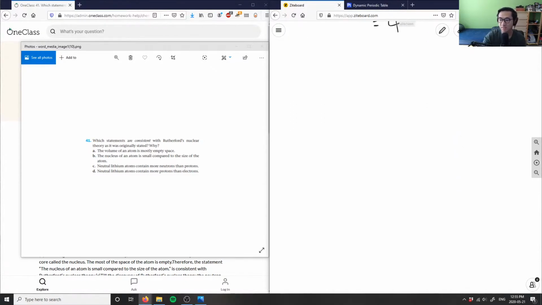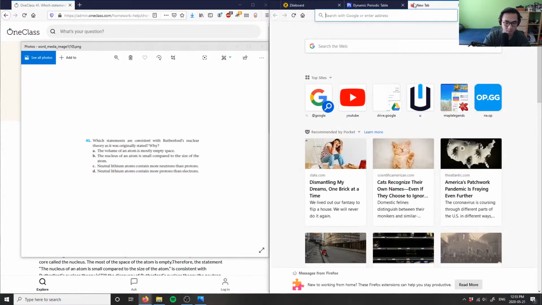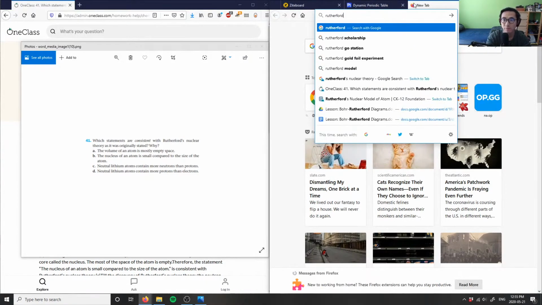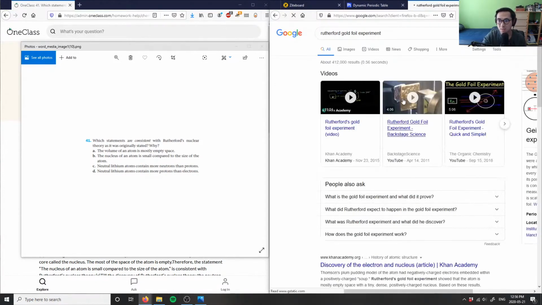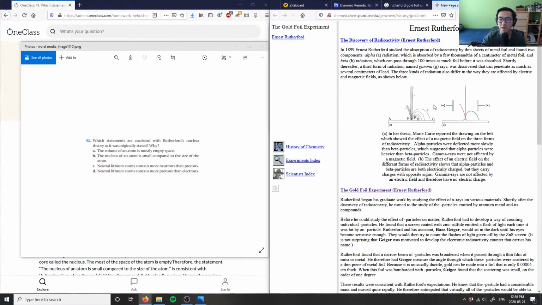Let me just summarize what the gold foil experiment did. It might be better if I gave you a diagram instead of me explaining it, so let me Google Rutherford's gold foil experiment. I just want a diagram basically.